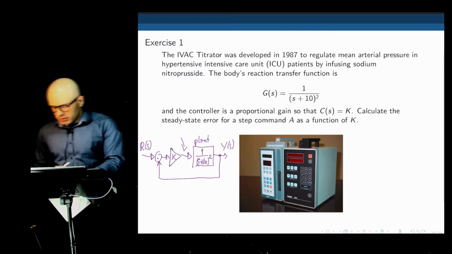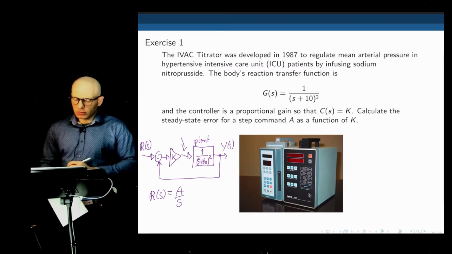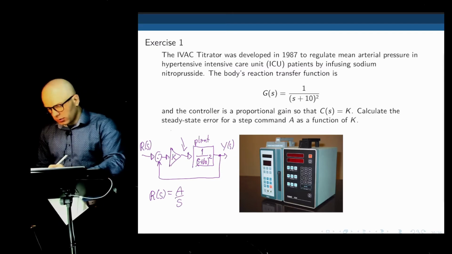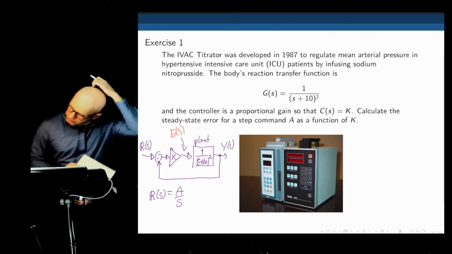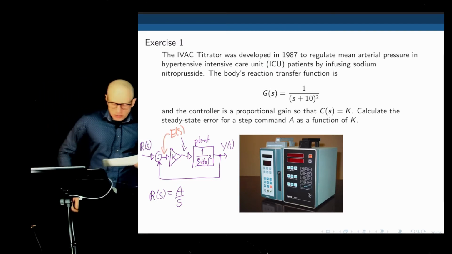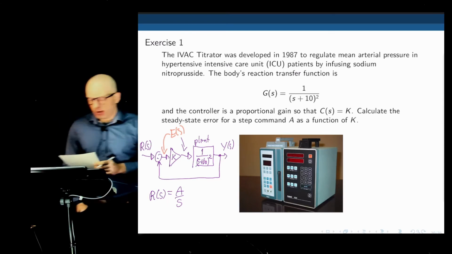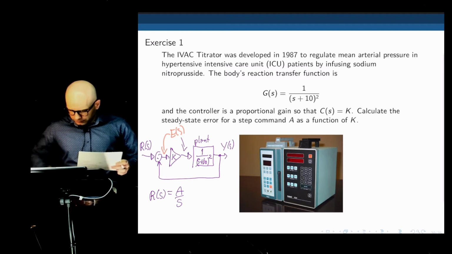We are giving this system a step input of magnitude A, so R of s is equal to A over s. We are interested in the steady state error. The error is there as a function of that controller K that we have to calculate.